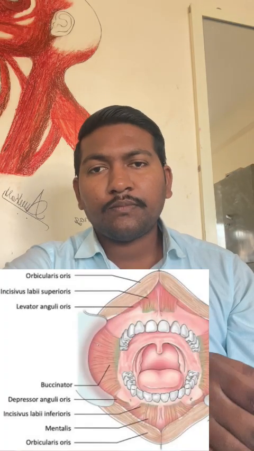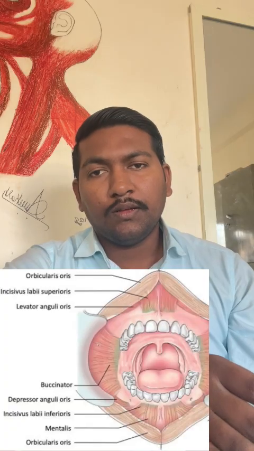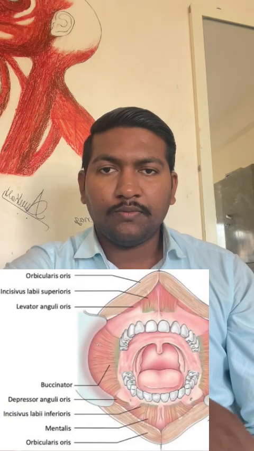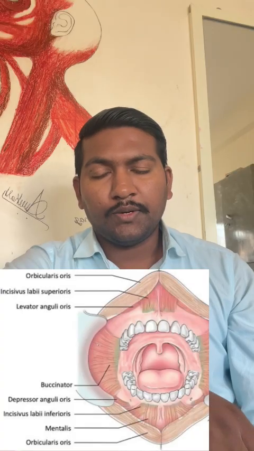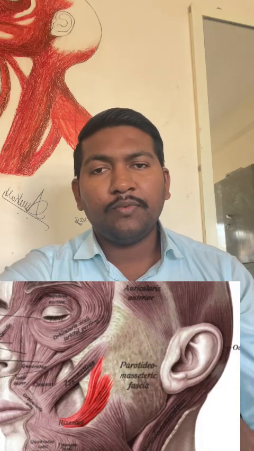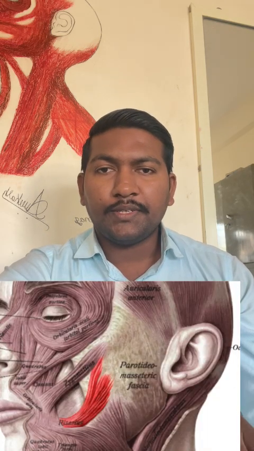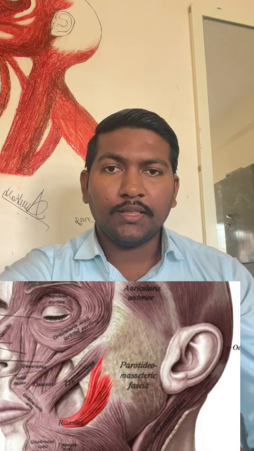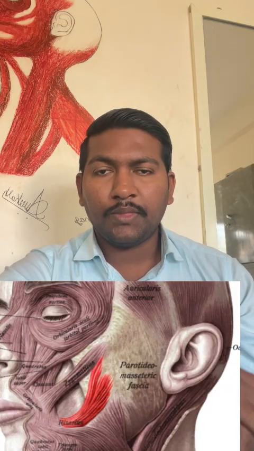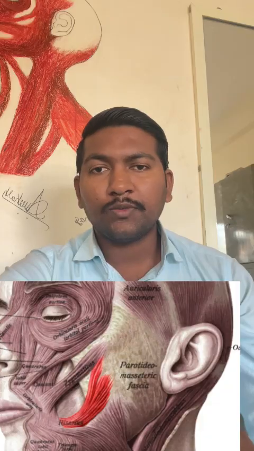And the incisivus labii inferioris connects the mandible to the lower lip. The risorius muscle arises from the fascia over the masseter muscle, its fibers run horizontally to the angle of the mouth, and it is superficial to the platysma muscle.